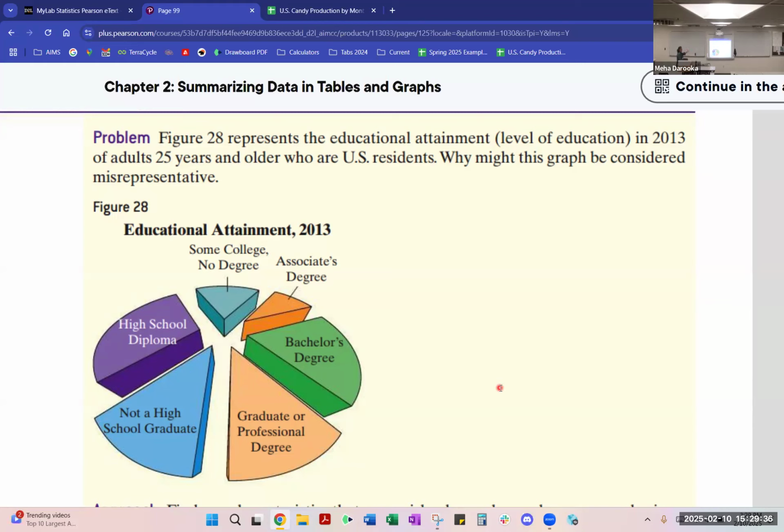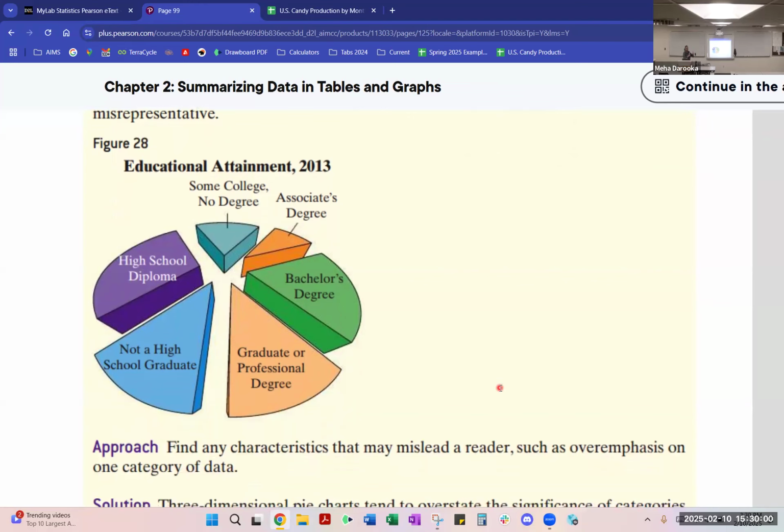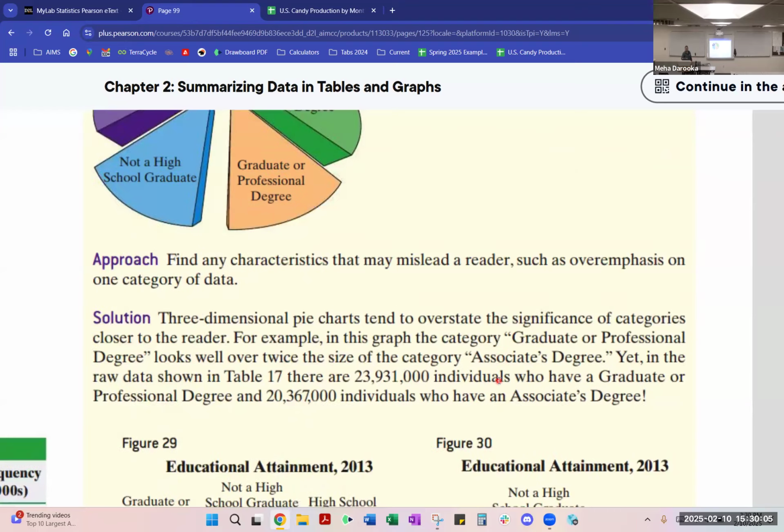Then we've got bachelor's, graduate or professional, not a high school graduate, and a high school diploma. Does looking at this graph really give us an idea of how many students fall into which category, or what percentage of students fall into each category? And not to mention, it's kind of tilted also, right? Like the way it's going towards us as the viewer.